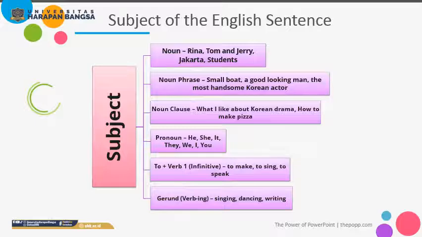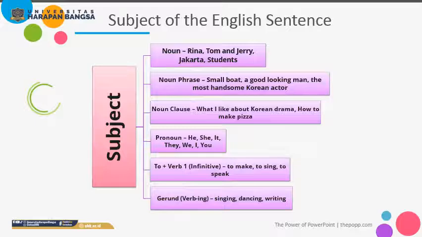Next, noun clause. Noun clause here, it's very long. But remember, it only functions as the noun or as the subject of the sentence. For example, what I like about Korean drama, very long.